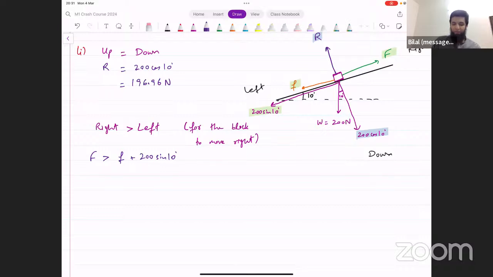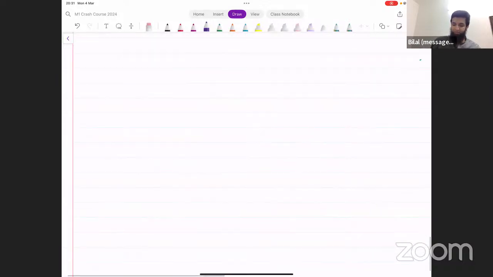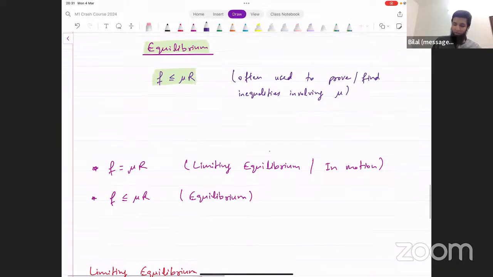How would that give you this value? You have 200 sine 10. You can evaluate that on your calculator. What about friction? Friction is equal to mu times R. Why is friction equal to mu times R? Remember this? We said F is equal to mu R when the object is in limiting equilibrium or when the object is in motion.